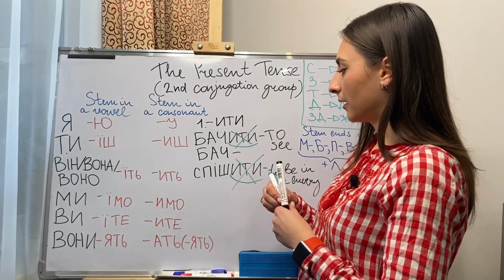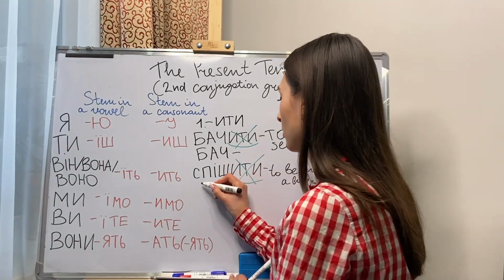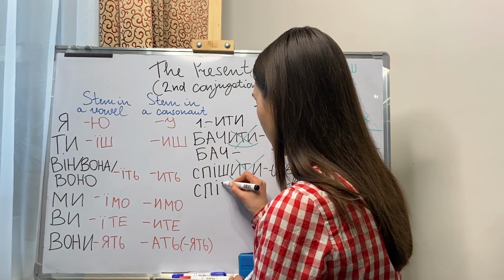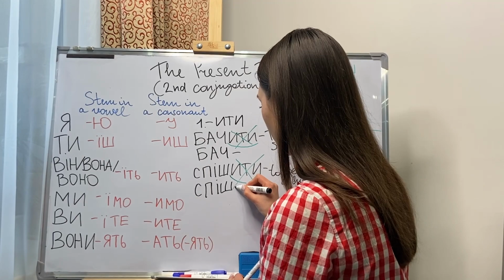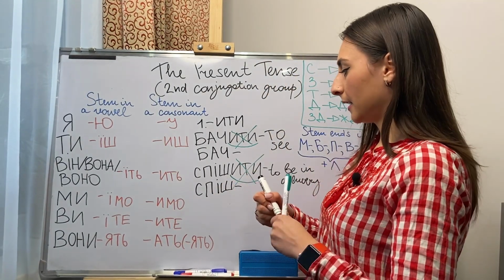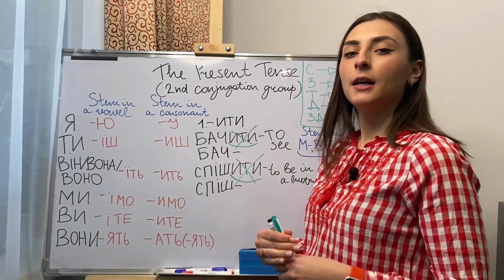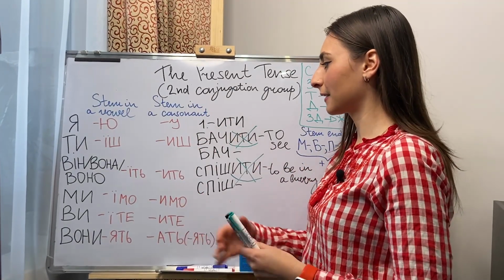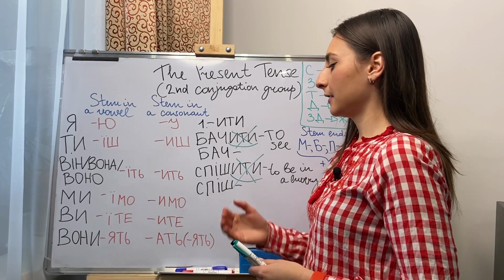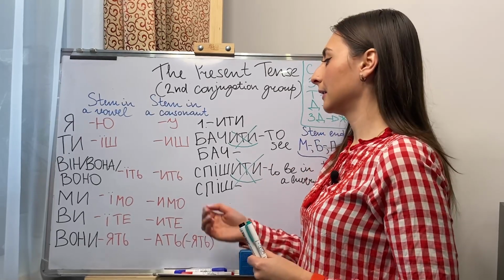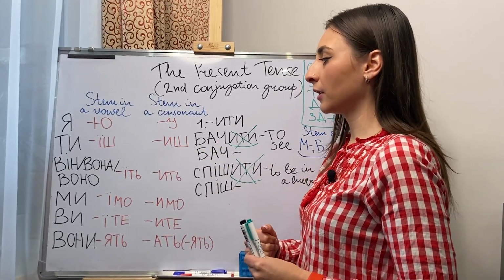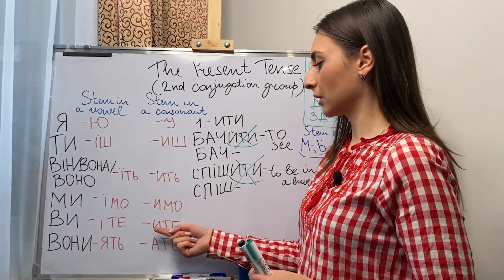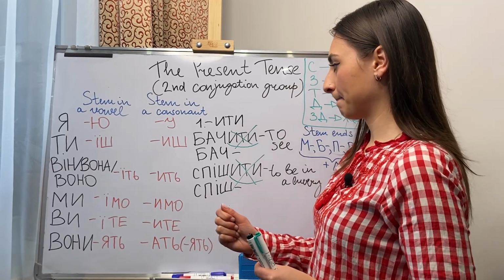We have a stem спіш. And again, you see that this stem ends in a consonant, so again we add this column. Я спішу, ти спішиш, він, вона, воно спішить, ми спішимо, ви спішите, вони спішать.